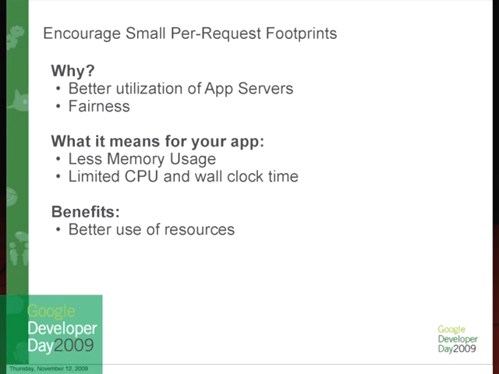We wanted to encourage small per-request footprints, so we get better utilization of app servers and we get fairness. It does mean some restrictions for your application, like less memory that you can use in the application. Instead, you have to use the data store and memcache.